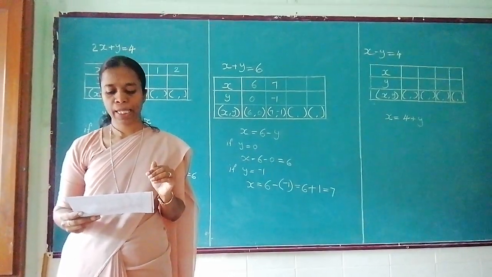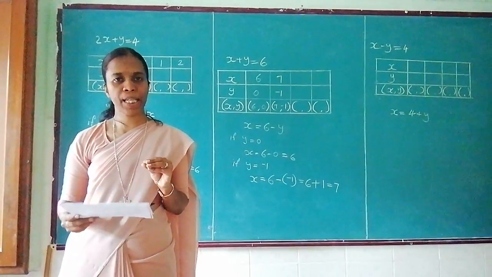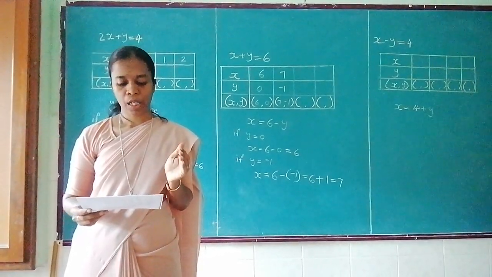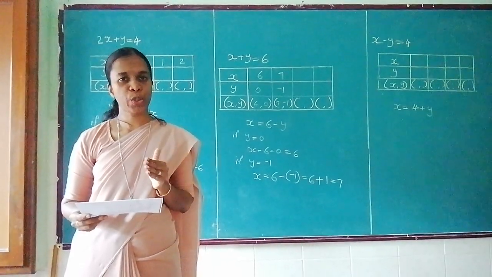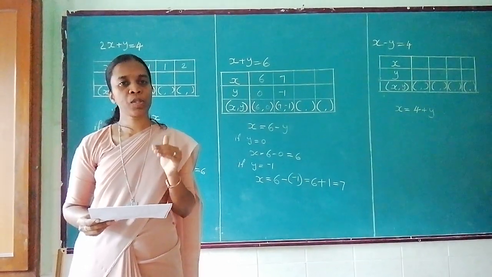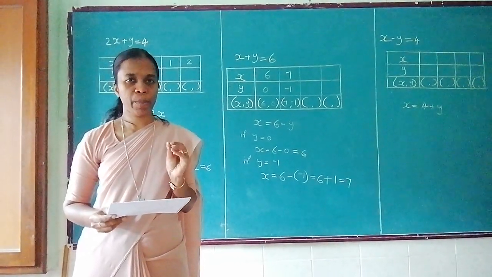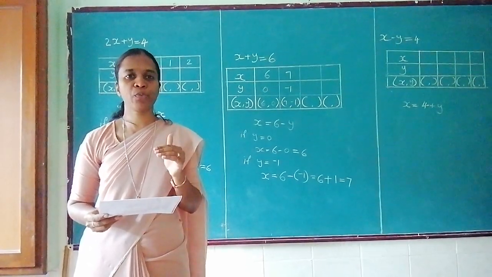Plot the points and see that all the 4 points are on the same line. Name the line. Write the point of intersection. Write the solution. These are the steps to solve the linear equation in graphical method. And I want you to learn it by heart so that you will not miss any of the steps.